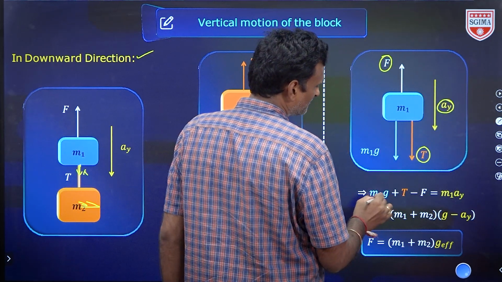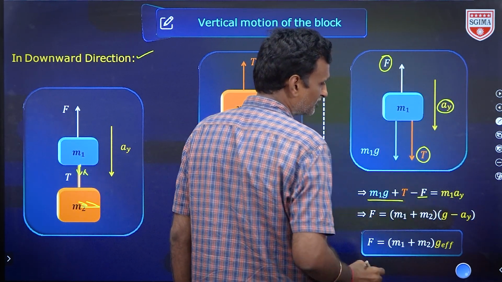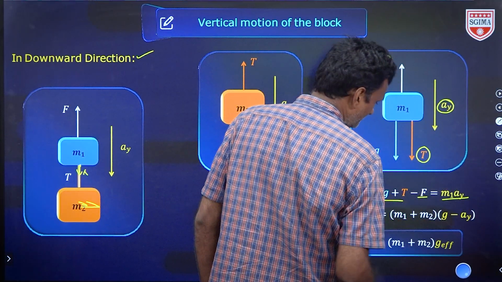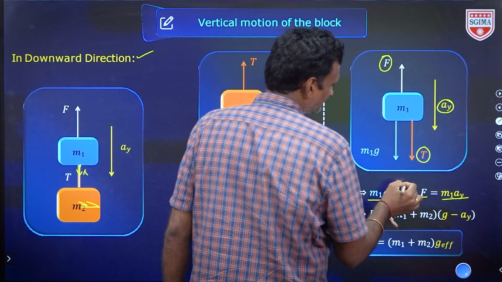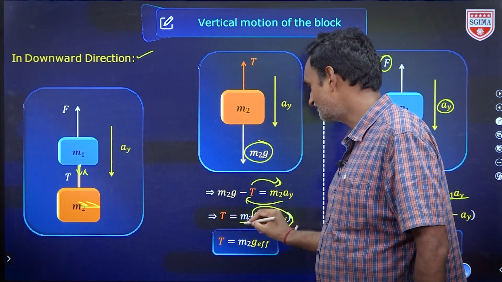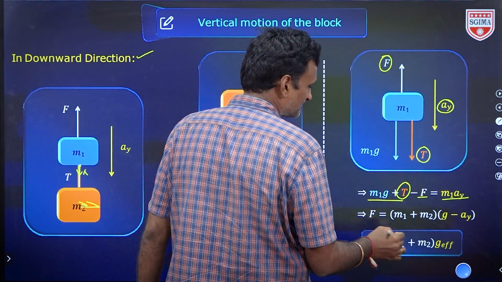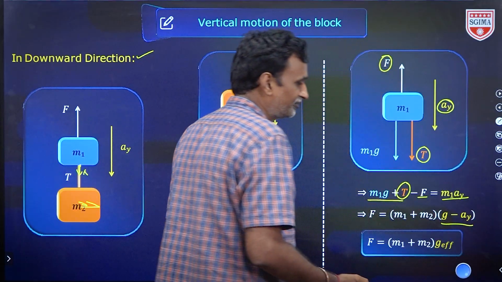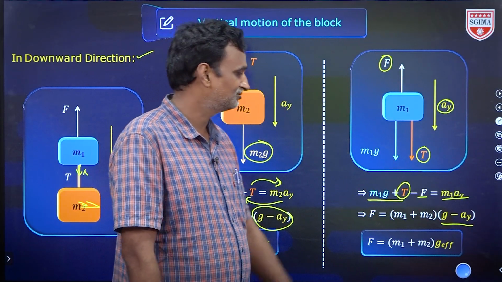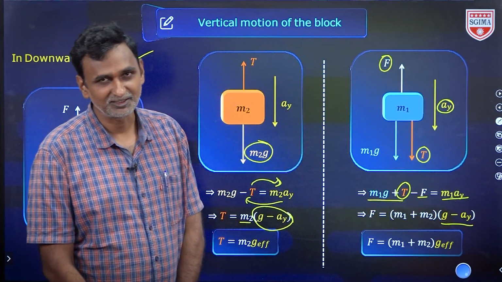The tension value we can substitute from here, that is M2 into (g minus a), and substituting here we can simplify to (M1 plus M2) into (g minus a), that is g minus a taken as g effective.